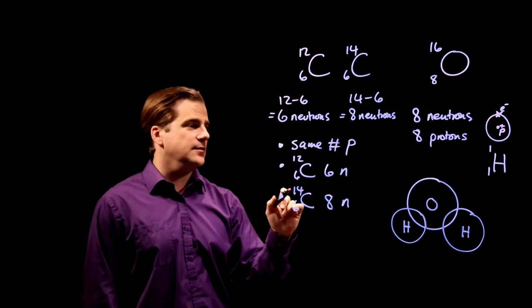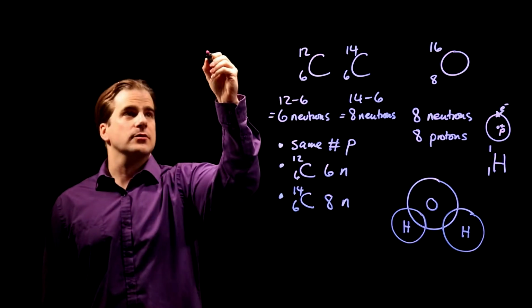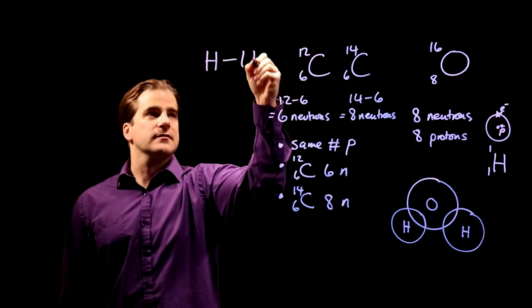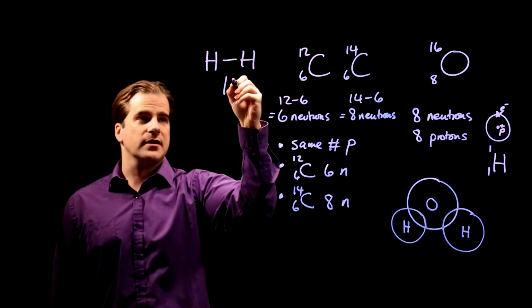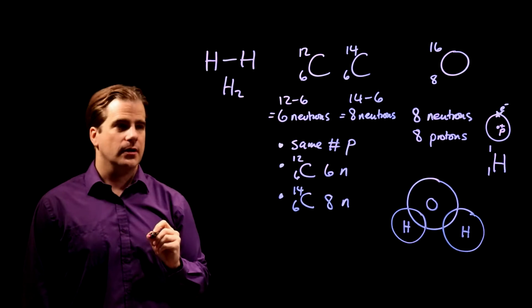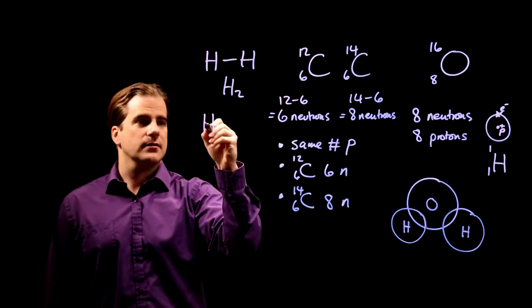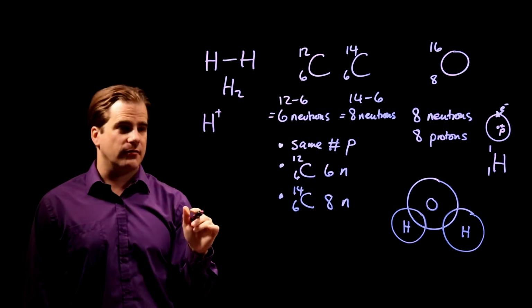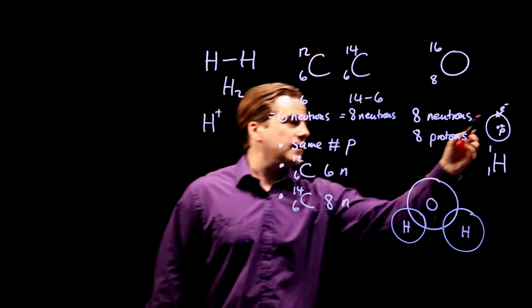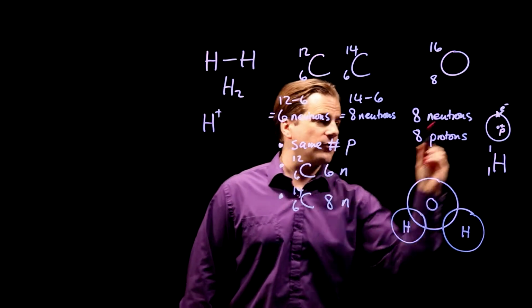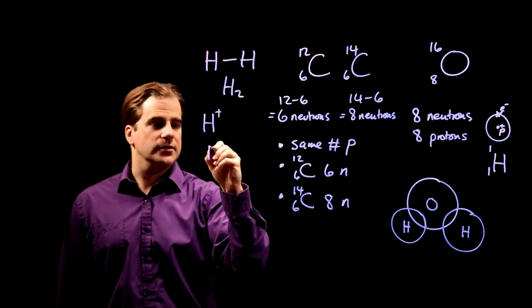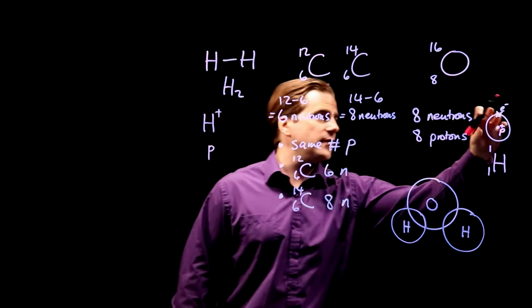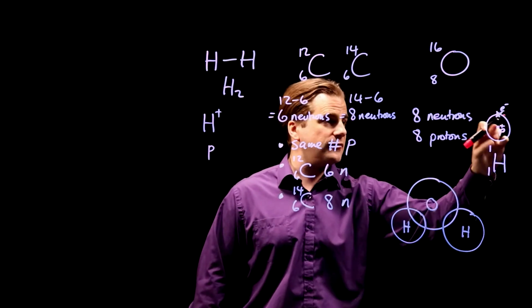You only ever see a hydrogen molecule, which is one hydrogen atom bonded to another, can also be written as H2, or you might see H plus floating around. H plus is that with the electron removed. So H plus is the same as just a proton. If you take the electron away from that hydrogen atom, you're left with just the proton.